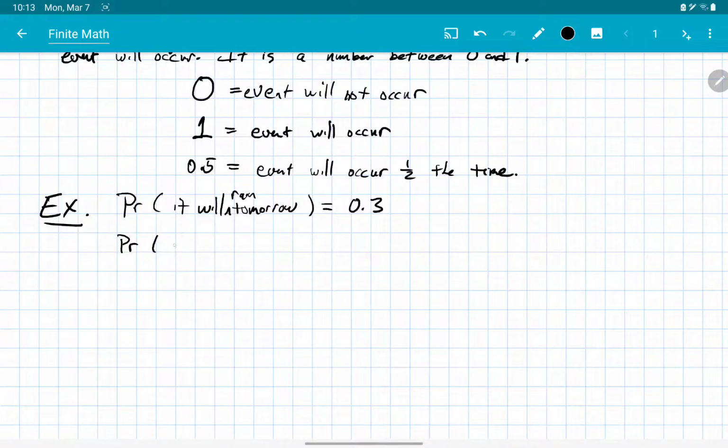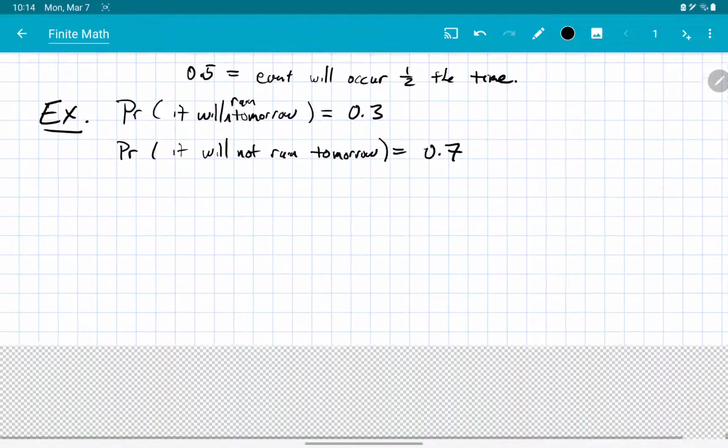That necessarily means the probability it will not rain tomorrow would be 0.7, because it will either rain or not rain. Those are the only two possible outcomes. Together that must equal certainty. I can be certain, with probability 1, that it will rain tomorrow or it will not rain tomorrow. Those are mutually exclusive and they exhaust all possibilities, so the sum is 1.